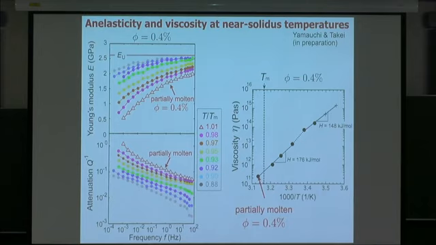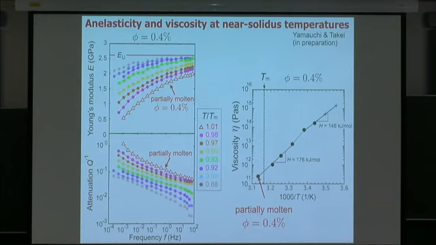of anelasticity and viscosity. The left figure shows Young's modulus and attenuation as a function of frequency, and the color shows temperature from 0.88 to 1.01 homologous temperature at almost regular intervals.